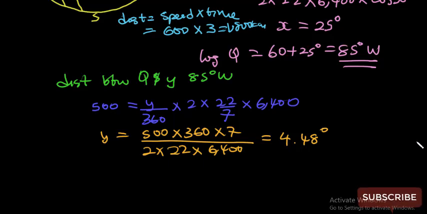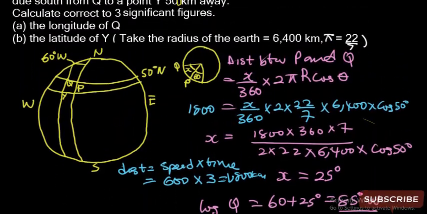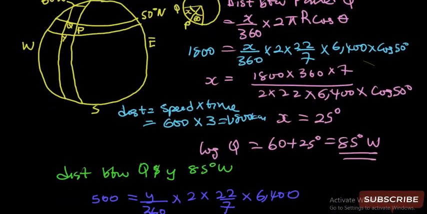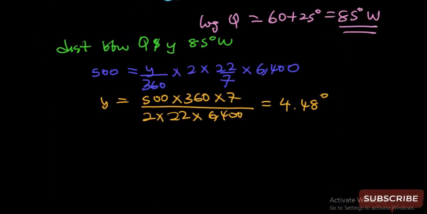Okay, so that is the difference. But if you see, according to the diagram, according to the question, it dropped. Had it gone north, we would have added that 4.48 to 50 degrees north to get the latitude, but it dropped. So what that means is we're going to subtract that from the first movement.